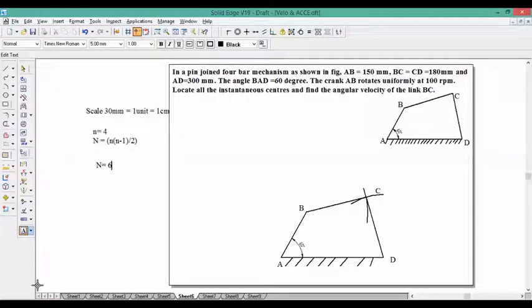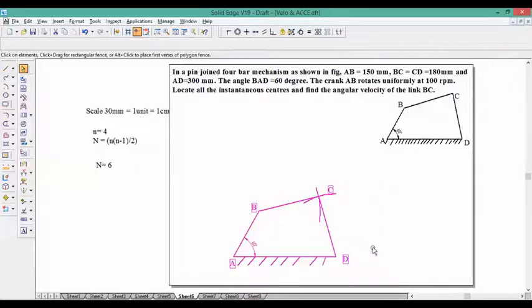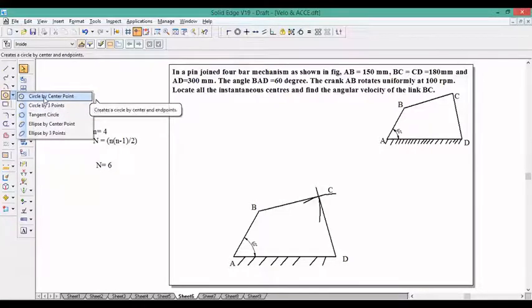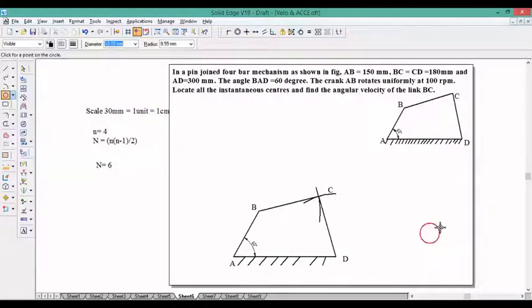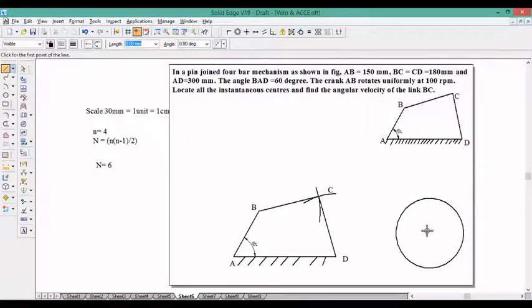Now we need to identify the instantaneous centers. Let us use the circle method. So for that, we need to draw a circle of any radius. Then divide the circle into equal number of parts, equal to the number of links. Since we have 4 links, I need to divide the circle into 4 equal parts.